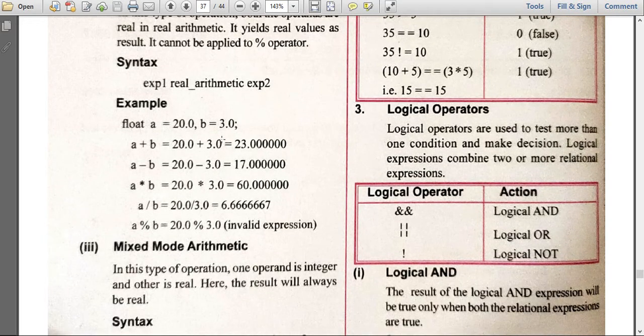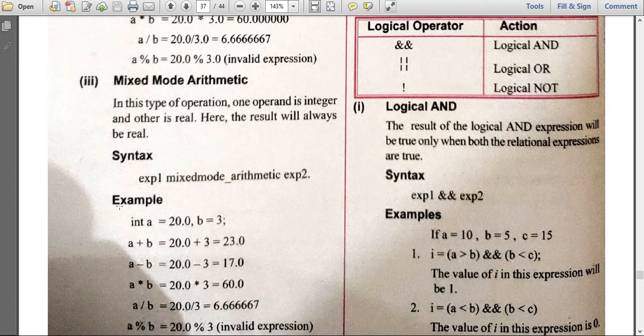Third, mixed mode. Mixed mode means one integer value and one real value. This is the example. If I perform an operation between them like this, it is considered mixed mode arithmetic.